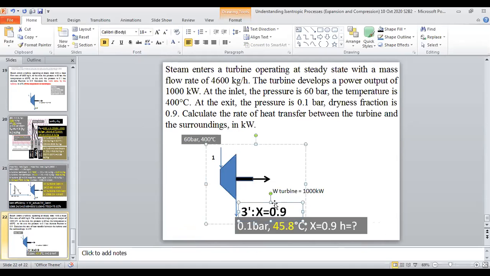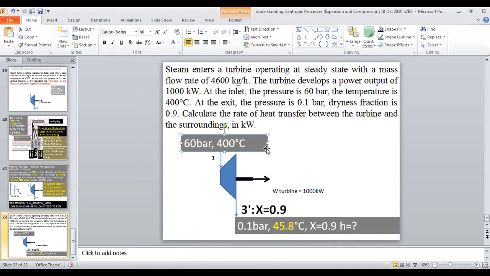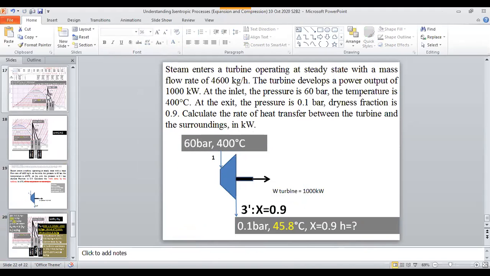Quite interesting. Your H value here at the inlet.